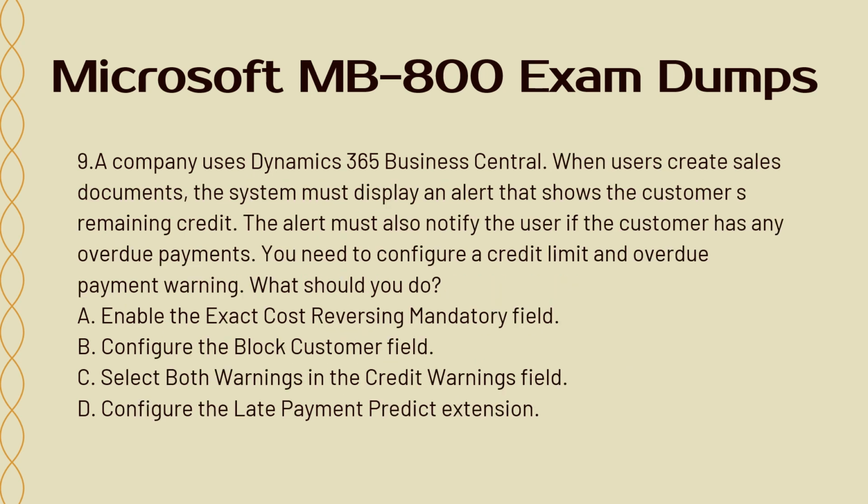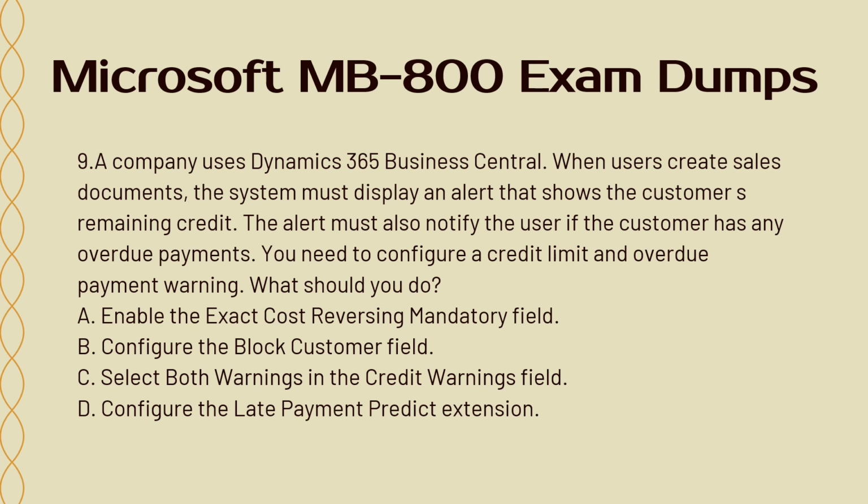9. A company uses Dynamics 365 Business Central. When users create sales documents, the system must display an alert that shows the customer's remaining credit. The alert must also notify the user if the customer has any overdue payments. You need to configure a credit limit and overdue payment warning.